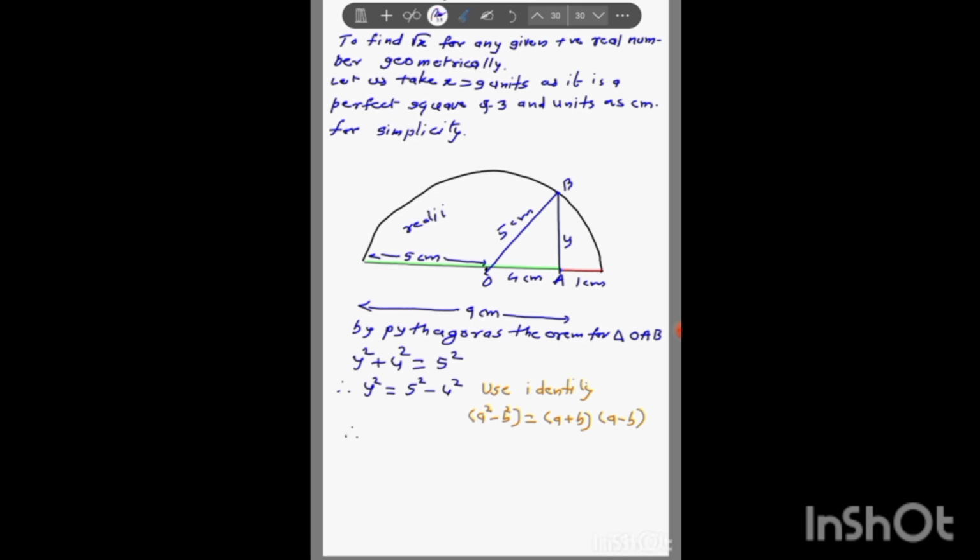So you get y square equal to 5 plus 4 and 5 minus 4. Okay, so see this quantity, 5 minus 4 is 1, 5 plus 4 is 9.